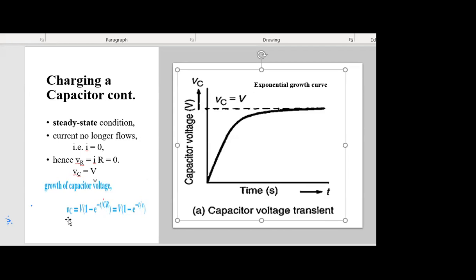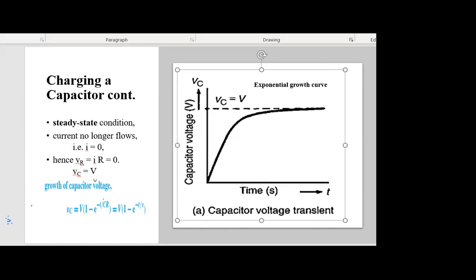So VC, the capacitor voltage, will depend on the DC voltage V at steady state plus the change in voltage over time. That's why we have that tau.